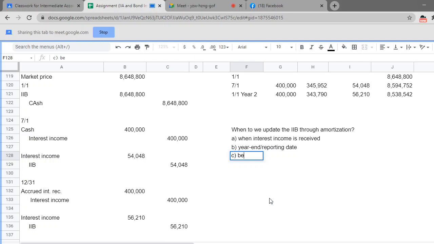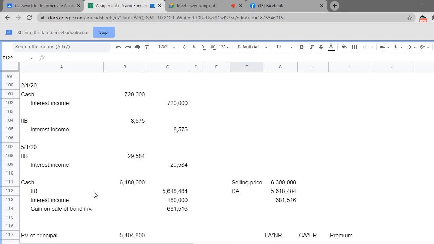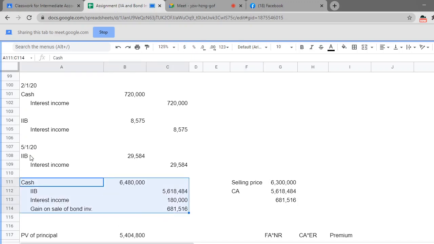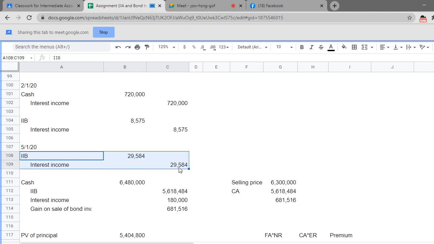And lastly, before or when there is a sale. Ka-remember mo atong kay May 1 ganina, nga before ta magbaligya sa ato ang investment, i-update sa ang ato ang amortization.